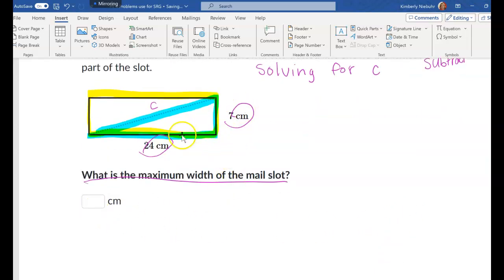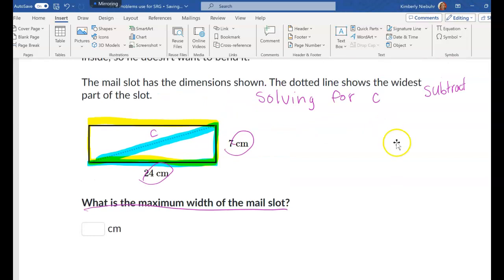You're going to have to plug these in. A squared plus B squared equals C squared. We do not know what C is, but we know what these are, so plug them in. You need to decide if this is A or B. Is this A or B? You decide and plug them in.